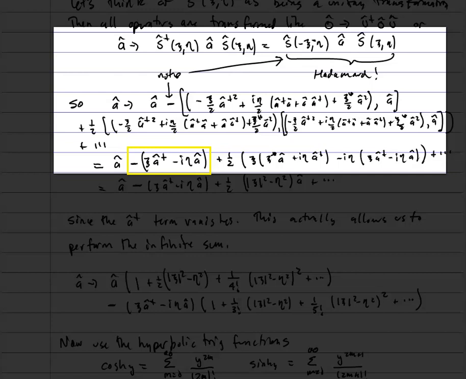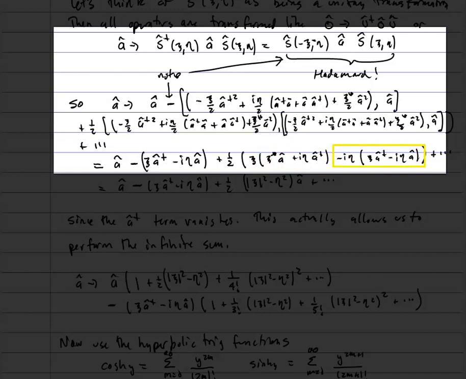Now, if I take that operator, you see it's a linear operator in a dagger and a. If I take the commutator of that with the exponent of the squeezing operator again, I'm going to also get another linear combination in terms of the a and the a dagger. It's a little bit more complicated, but what you find is you get a plus 1/2 of a ξ times the commutator with the a dagger, which ends up being a ξ star a plus i η a dagger, minus an i η times the commutator of the a, but we already worked out what that is.